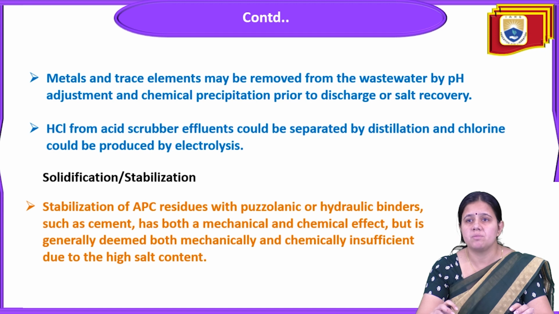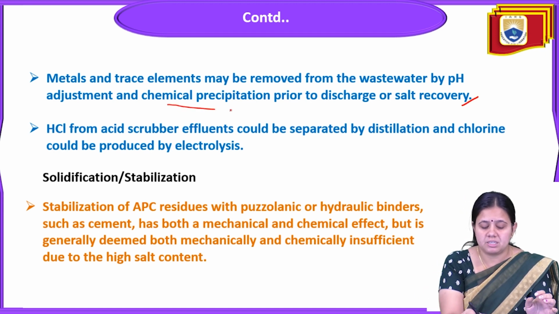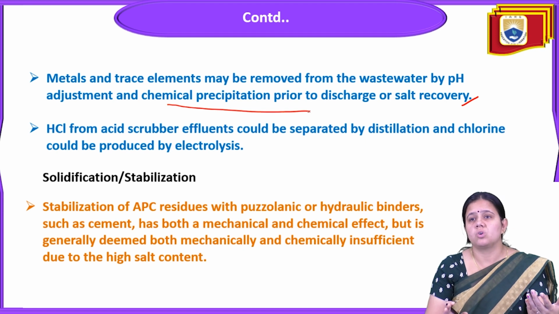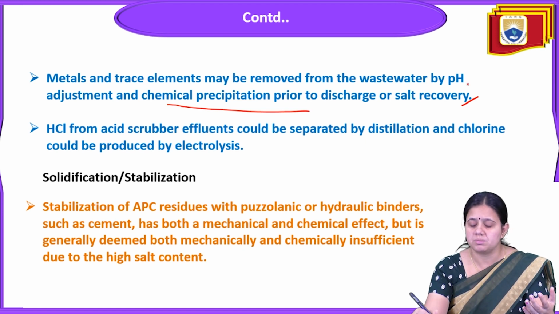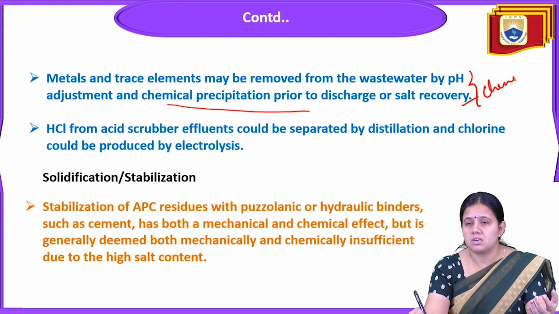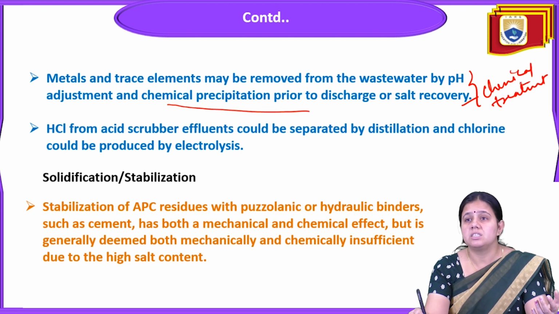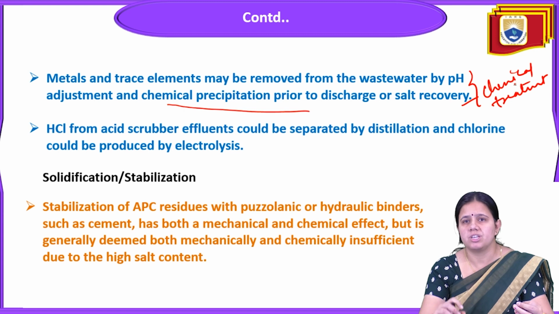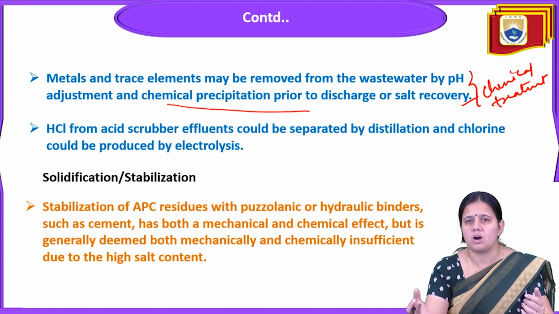They may be removed from wastewater by pH adjustment and chemical precipitation prior to discharge or salt recovery. So this comes under chemical treatment. Chemical treatment is given by adjusting the pH of the wastewater and some chemical precipitation before it is discharged to salt recovery, or discharged outside.